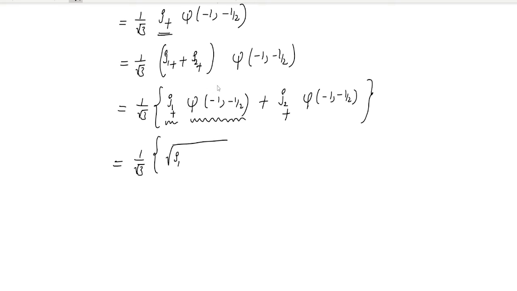This is m1, this is m2. If you apply j1 plus on this state, only the m1 state will increase by 1. If you apply the j2 plus operator on this state, only the m2 state will increase by 1.